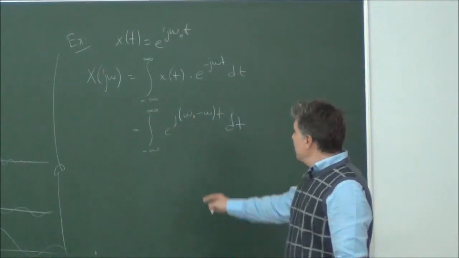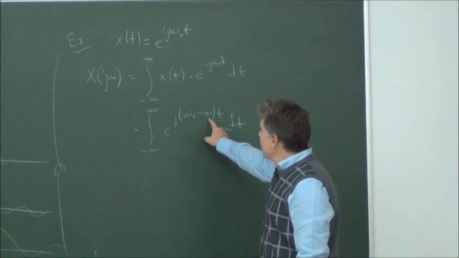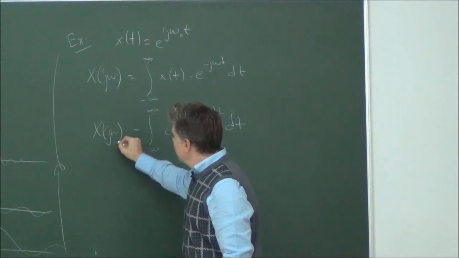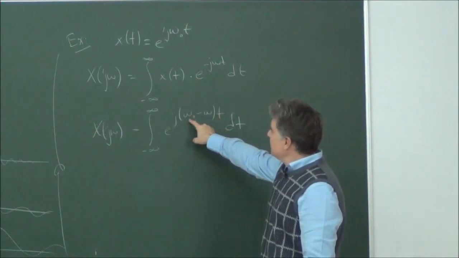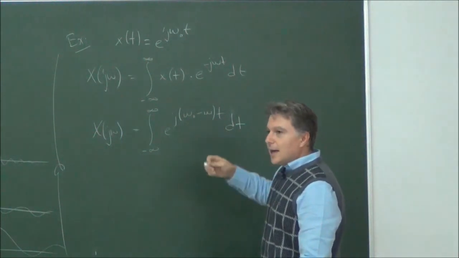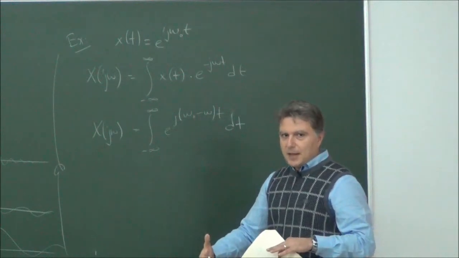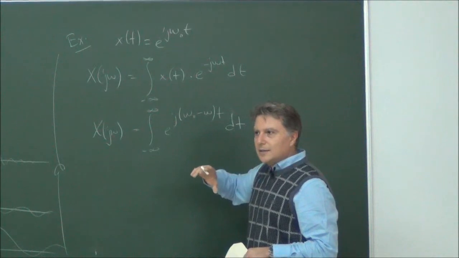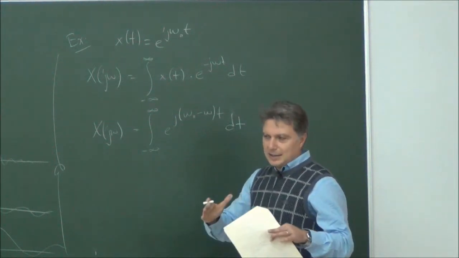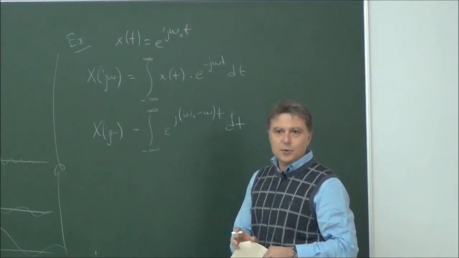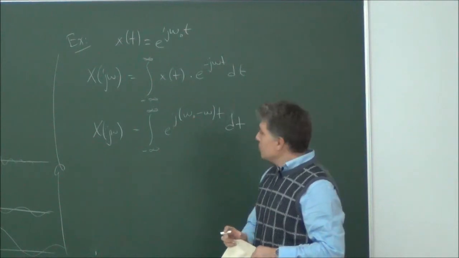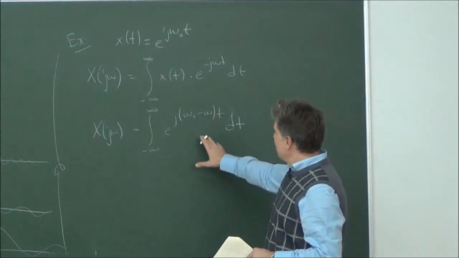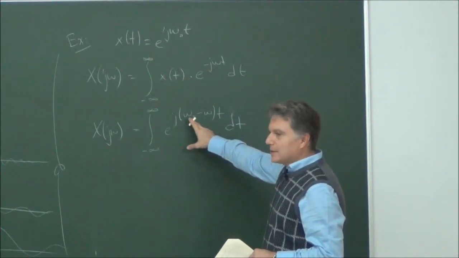As a matter of fact, this is x of j omega, whenever omega is different than omega 0, it becomes a sinusoid with some frequency, and this is a symmetric integration around 0, and a periodic signal symmetrically integrated will give you a 0. So it is 0 in most places, when omega is different than omega 0.